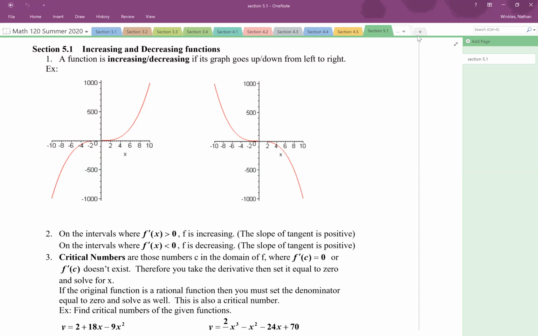We could see that our function was increasing on the entire interval. So, like this example here, if you think about a positive slope, we're increasing everywhere. Here, we're decreasing everywhere. So if it goes up from left to right by looking at the graph, we call it increasing. If it goes down left to right, we call it decreasing.